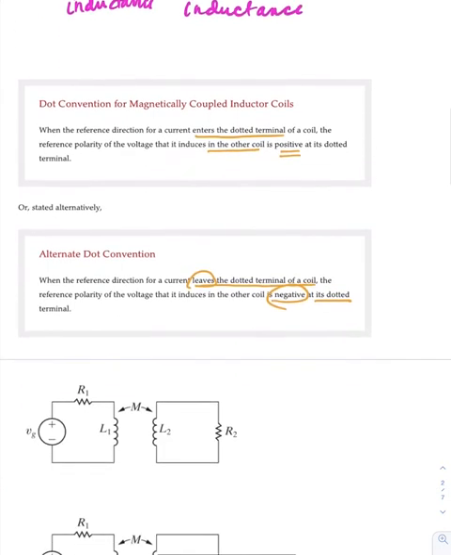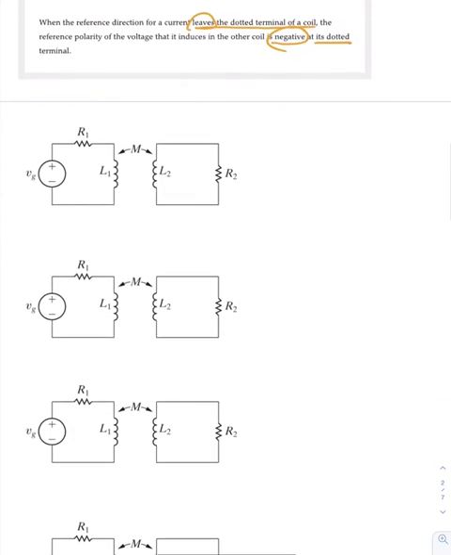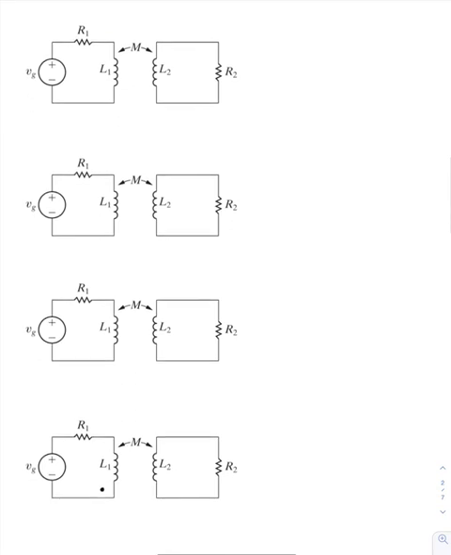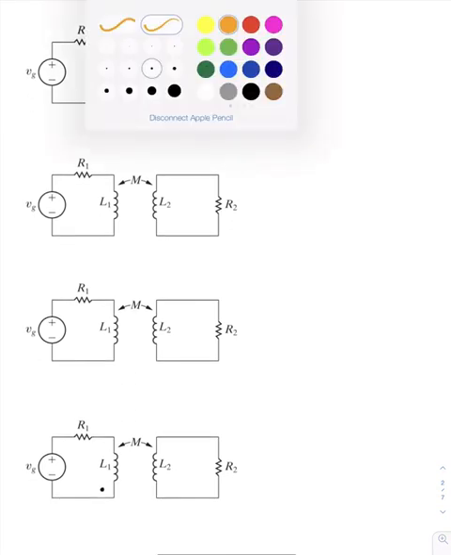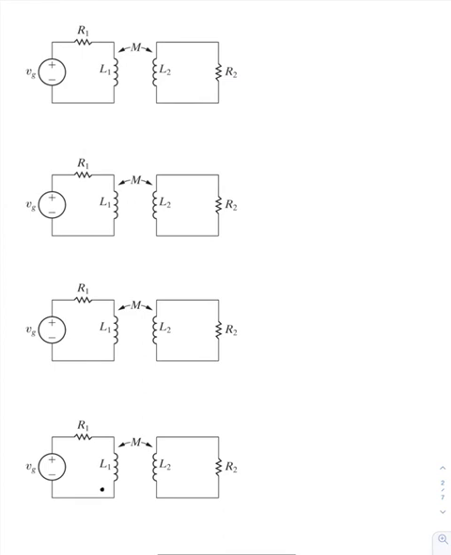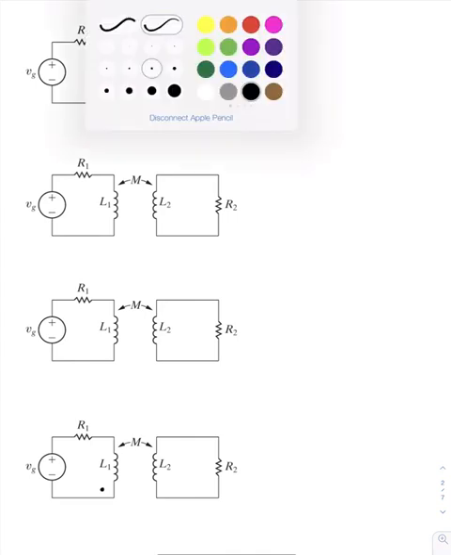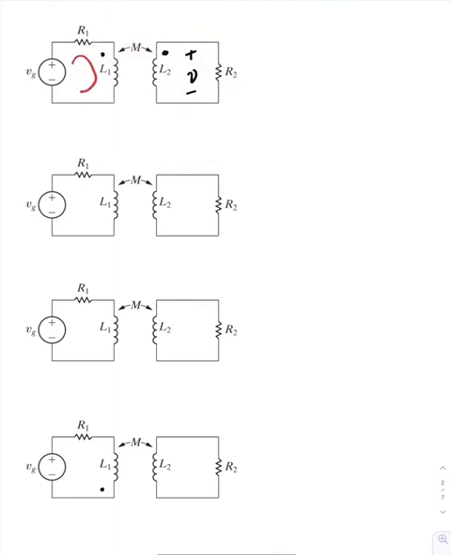So let's take a look at the four different situations that we had set up. The first one is when the dot is at the top of L1 and at the top of L2. In this case, we're looking at voltage 2. So let's draw our current I1.